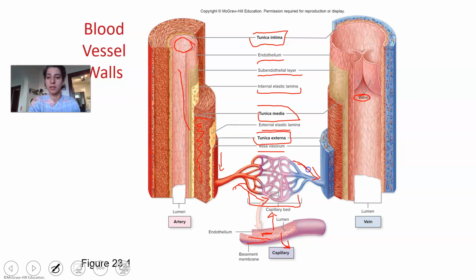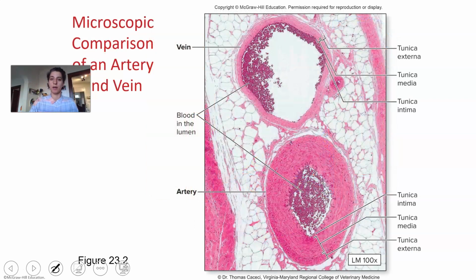So hopefully by the time you get to the end of this capillary bed, you have completed your gas exchange. So really tiny lumens, and they're highly branched so that you can get to all of the tissues in that area as well as slow the movement of blood through that area.